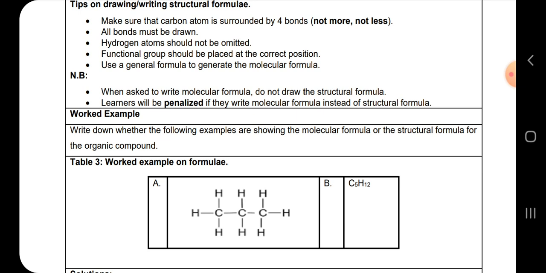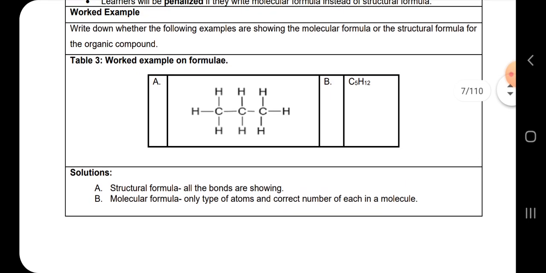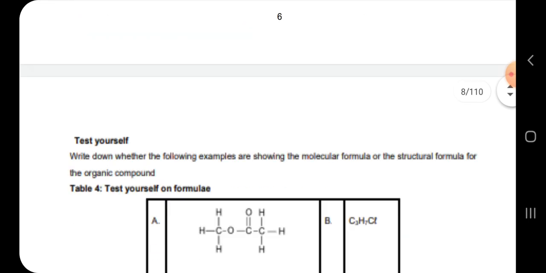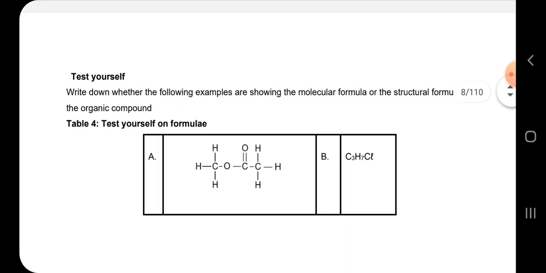Structure, remember, whenever they say structure, it is like a building. You did technology, right? So you know a structure is A, a formula is B. Keep that in mind, guys. So you can test yourself here to know if you know a structure and a formula.